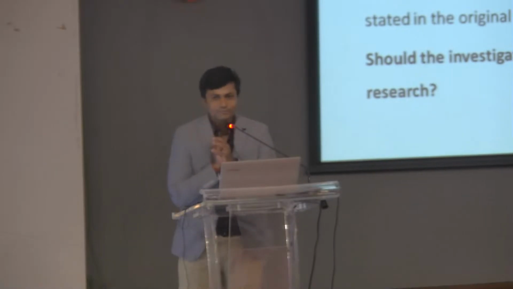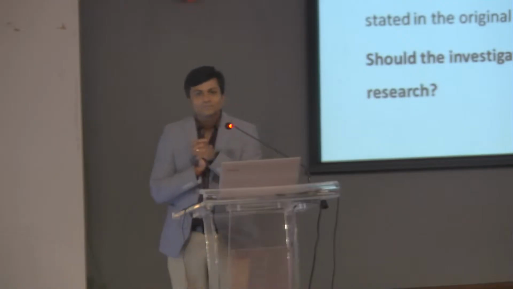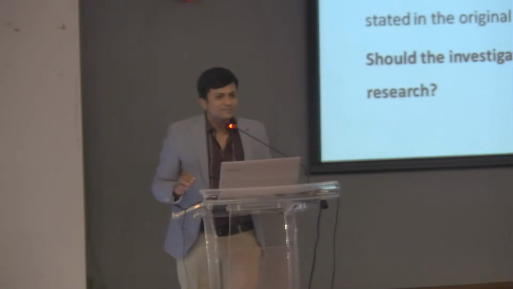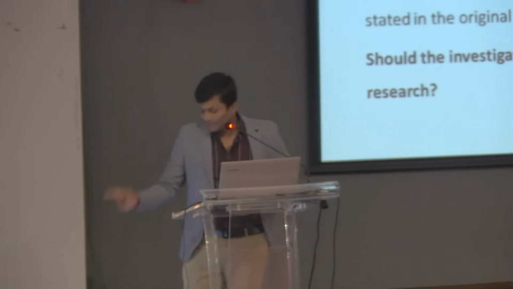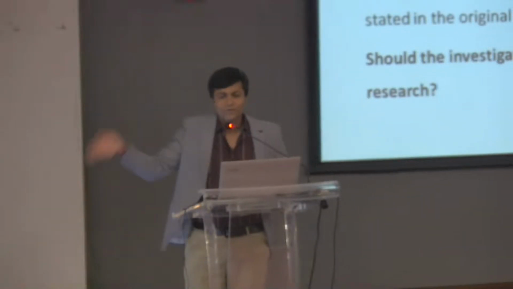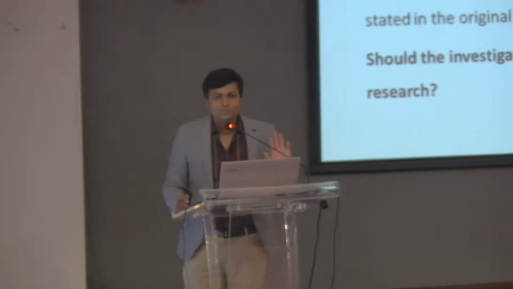What would you do? Should we take consent once again? You don't know, the patient left long back. Go to his house, call him? No, not possible. Yes or no?